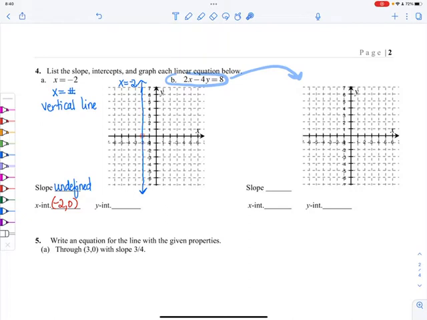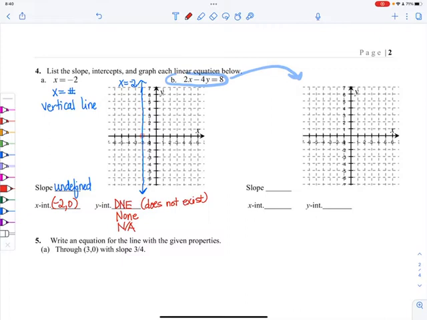Now, how about the y-intercept? Where does this graph cross the y-axis? Does it cross the y-axis anywhere that you can see? It doesn't. So sometimes you'll see people write DNE for does not exist, or you'll see people write none, or NA for not applicable.